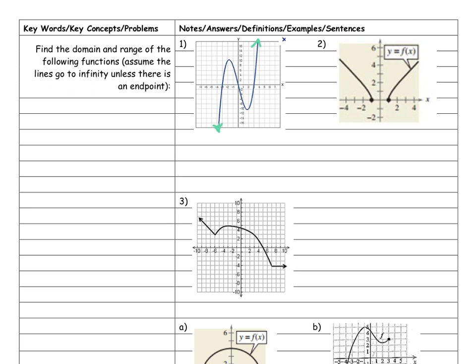So these are all functions. We're not asking you to tell me if they're a function. They're already functions. So we're just going to say what the domain and range is. These have arrows on both ends. I hope you can see me because I'm going to use my hands to demonstrate.